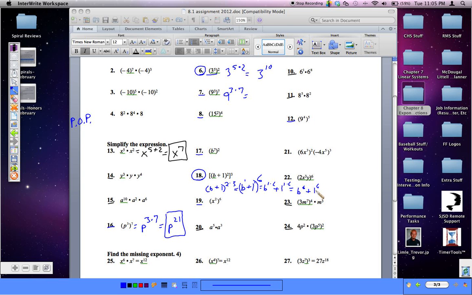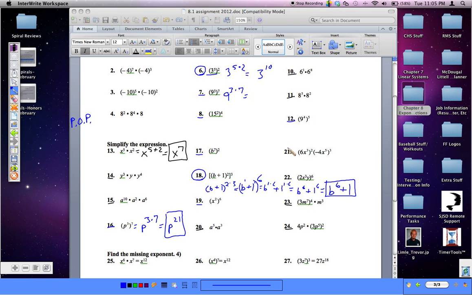And 1 to the 6th power is going to be 1 times 1 times 1 times 1 times 1 times 1, and if we multiply 1 a million times or 6 times, it doesn't really matter because its end result is going to be 1. So the easiest way to write this in the simplest form is b to the 6th plus 1. Okay?